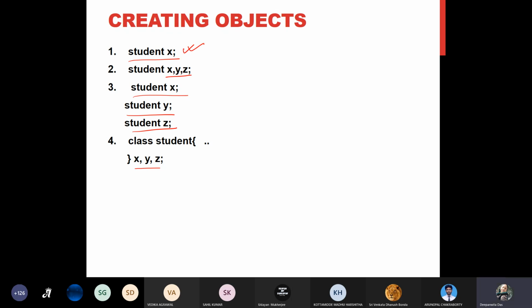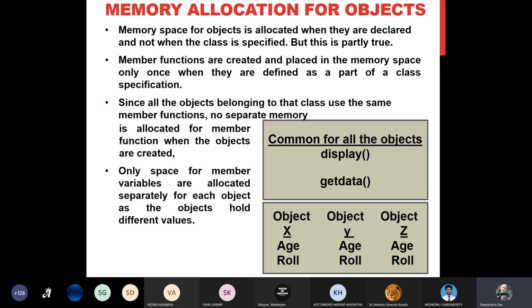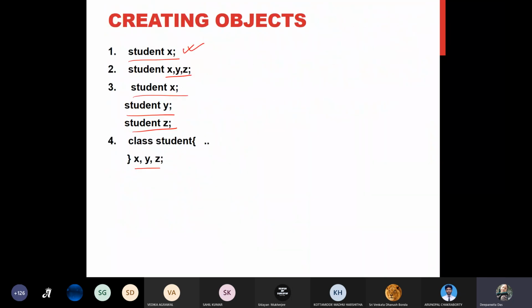Okay, so next is memory allocation for the objects. Before going to discuss how the member functions are defined, normally like normal functions, let us discuss how the memory is allocated for the objects. Whenever we create any object, memory gets allocated for that.